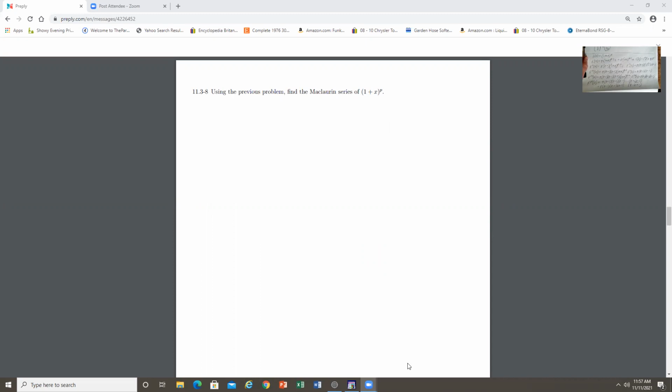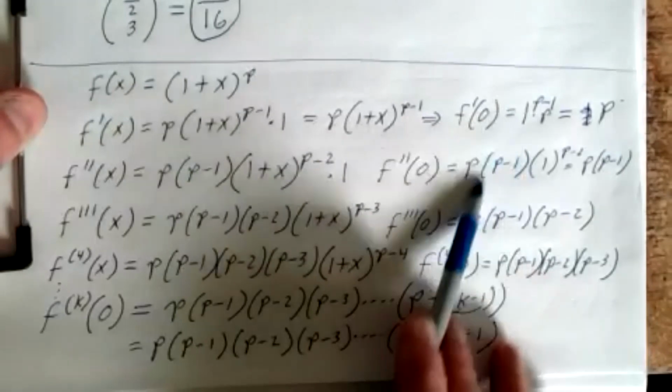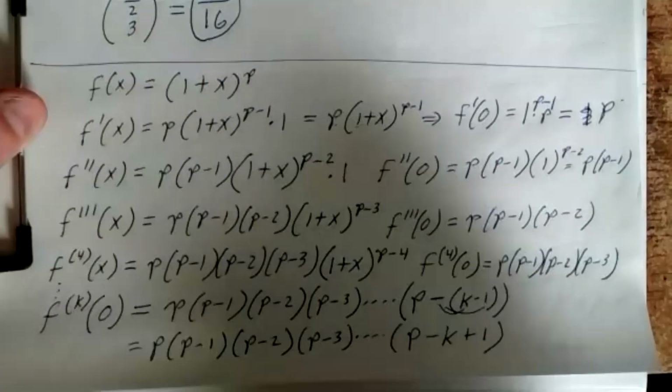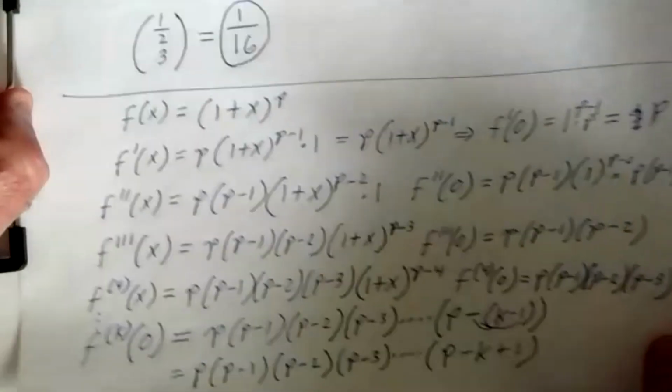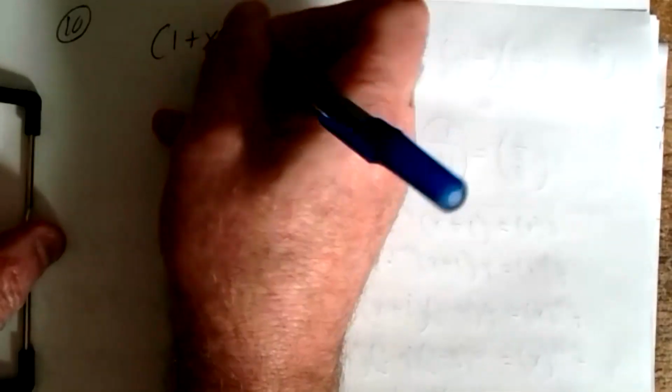You agree, we already have all the derivatives evaluated at 0, centered at 0. So we should easily be able to write the Maclaurin series of 1 plus x to the p power.